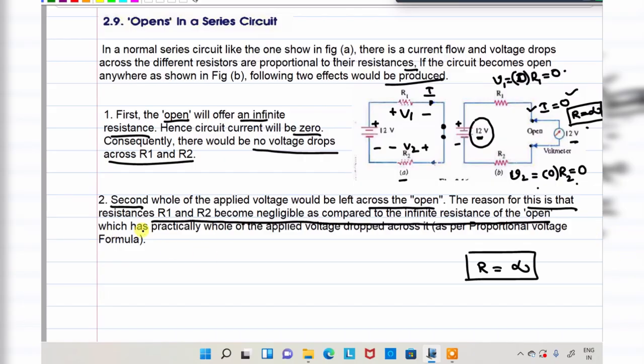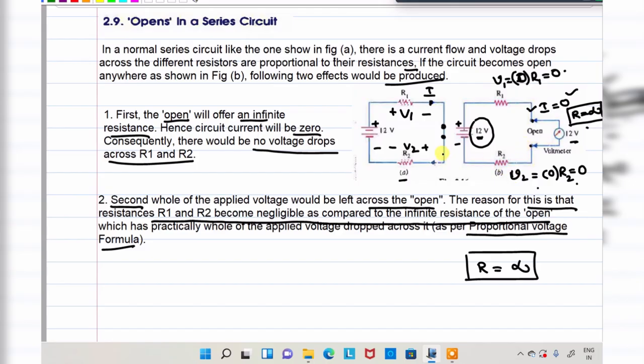So practically the whole applied voltage, 12 volts, drops across it, as per the voltage division rule. So the total entire voltage appears across the open circuit, that is infinity resistance.